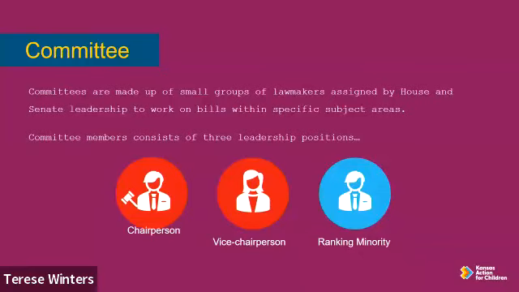The majority party will have more members on each committee, but there's a specific number of minority members required based on legislative rules. Within each committee, leadership positions are the chairperson and the vice chairperson, both of whom will be Republicans in Kansas, and the ranking minority member, who is the highest ranked Democratic member on a committee.